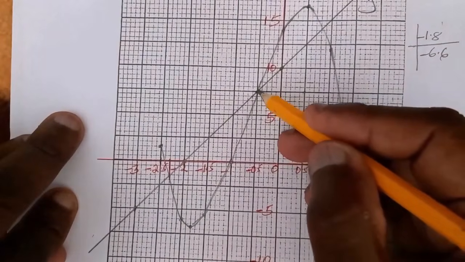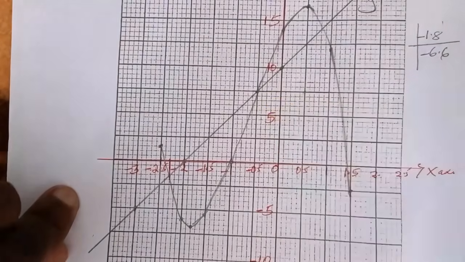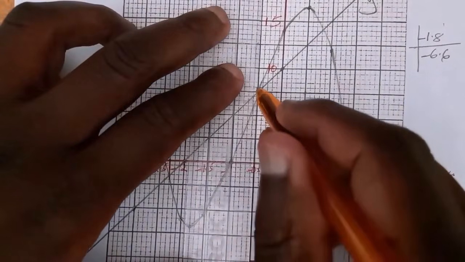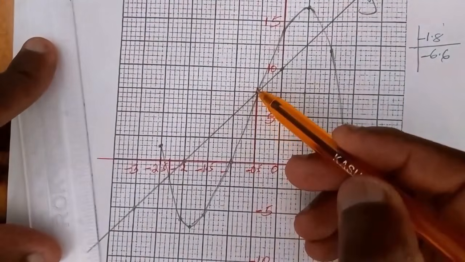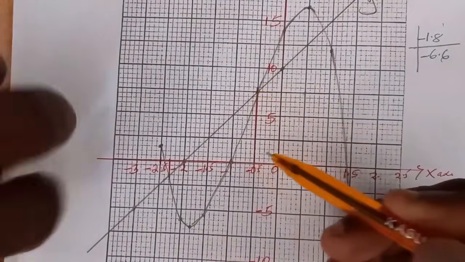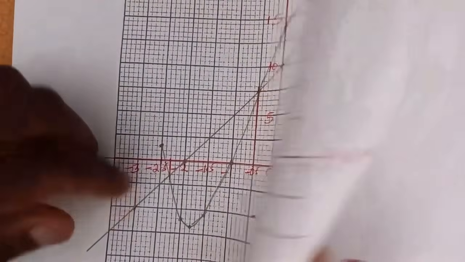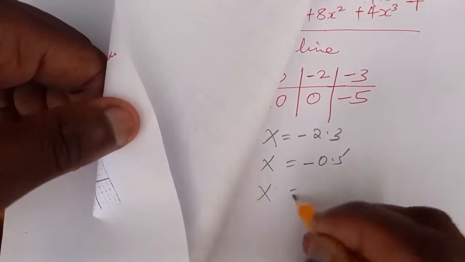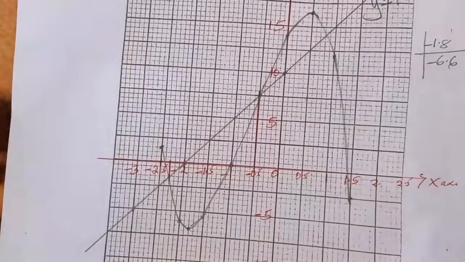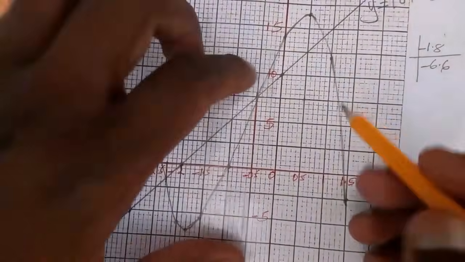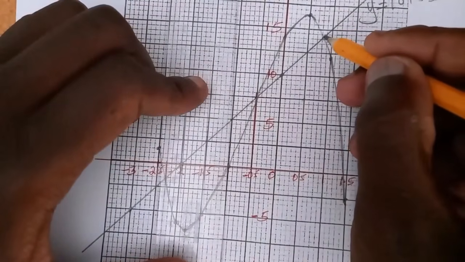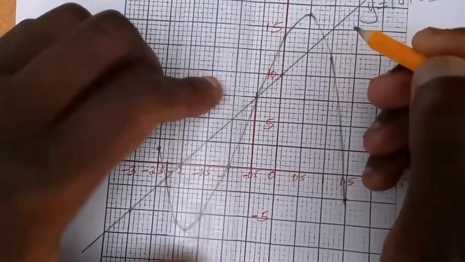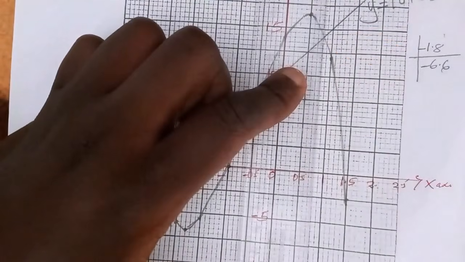You just read the x coordinate of that point. When you drop down, the x coordinate is negative 0.5. And then we have another point of intersection here. So drop down.